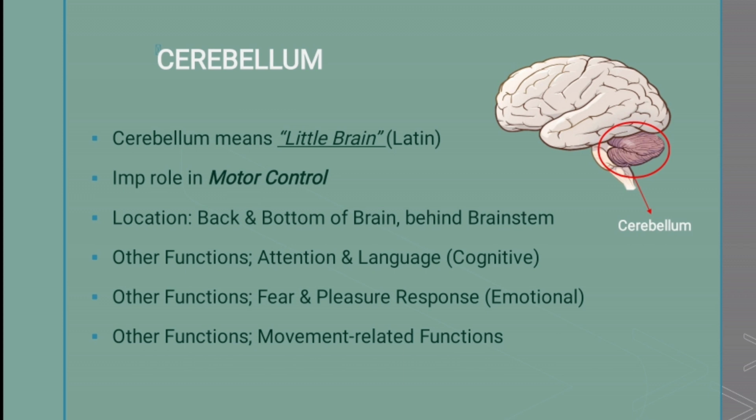That's why it gets the name cerebellum, which means little brain. The cerebellum has various functions, even though its major function is very well known: motor control and motor movements. And we will discuss the motor functions of the cerebellum.